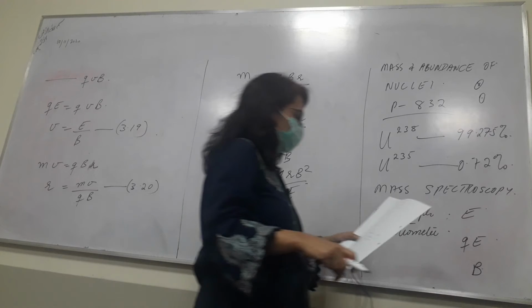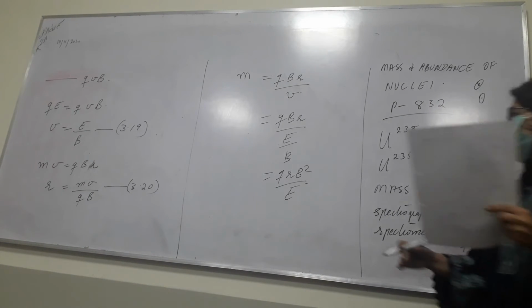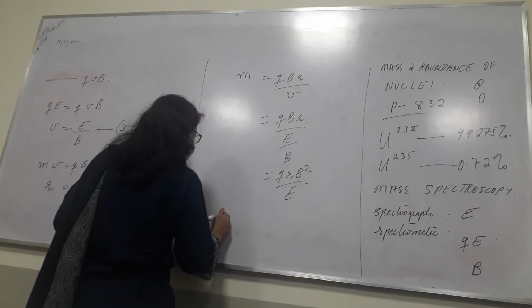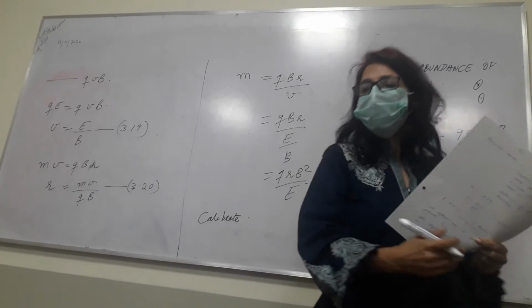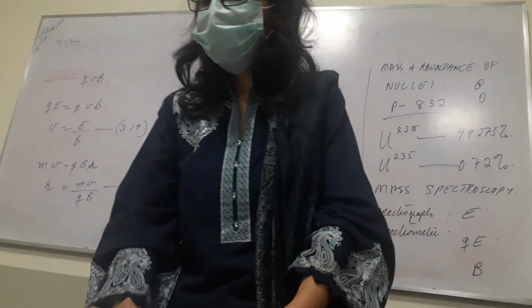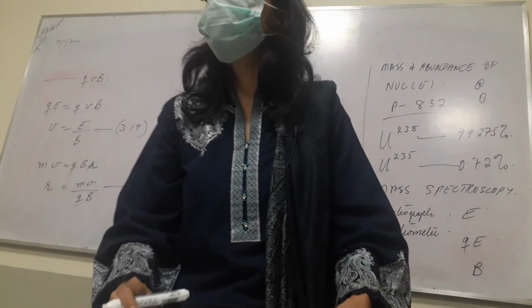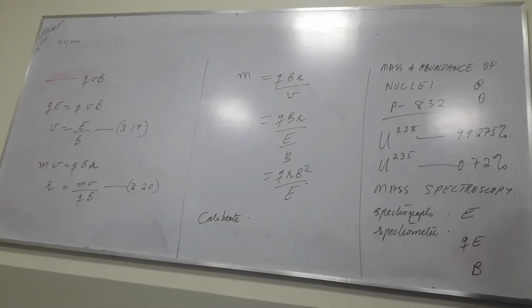and hence the particles. Another term that comes in this section of the chapter is the term calibrate. What do you understand by calibrate? Do you understand calibrate? Yes or no? Yes, good.